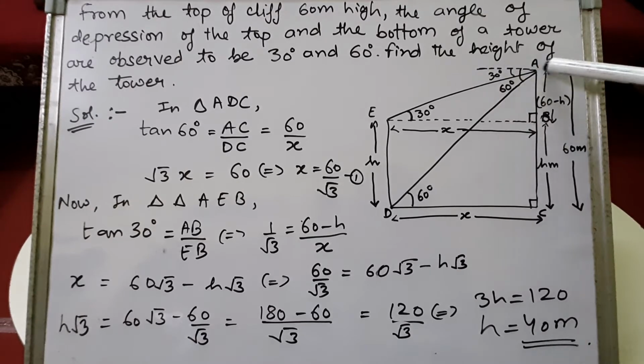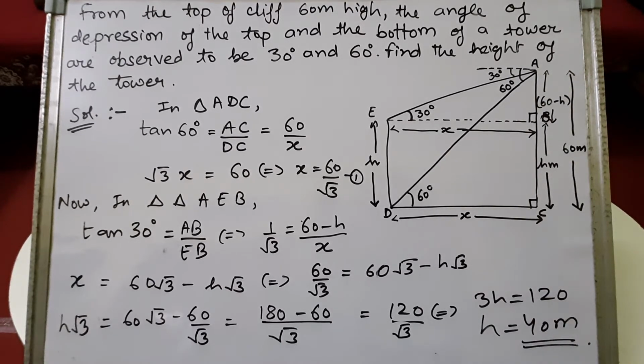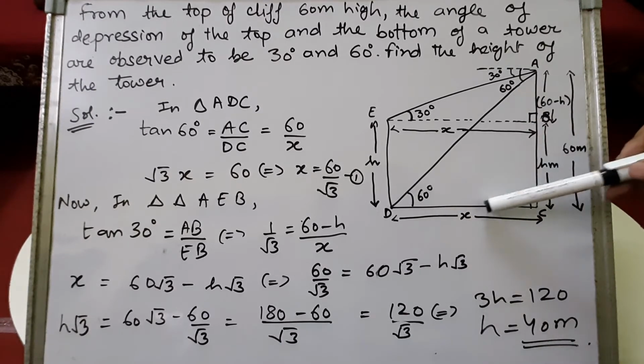This is the horizontal line, so this angle will be 30, and this angle will also be 30 degrees. The angle of depression of the bottom is 60 degrees. That means the line of sight makes an angle of 60 degrees with the horizontal. So this angle will also be 60 degrees, because these two horizontal lines are parallel, so they become alternate angles, right?